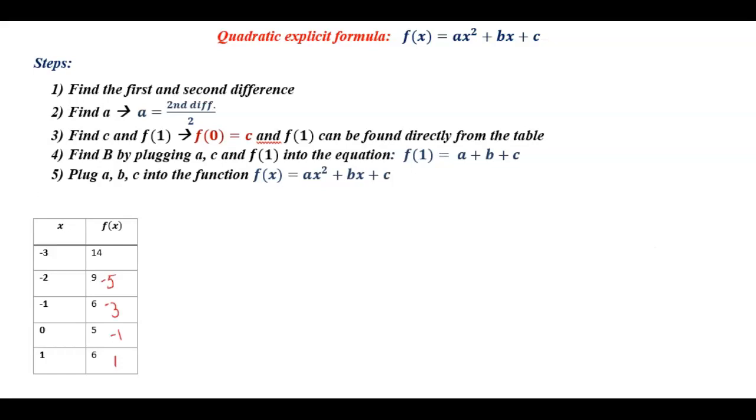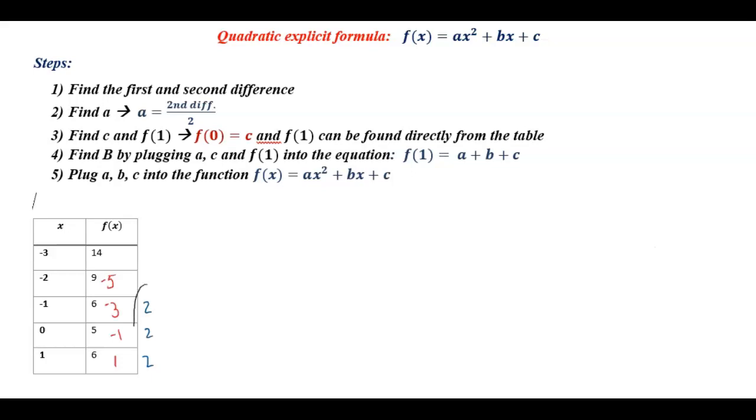So negative 5 minus 3 is 2. So negative 5, you add 2 to negative 5 to get negative 3, and negative 3 to get to negative 1. So again, you add another 2, and negative 1 to get to 1, you add another 2. So that means our second difference is constant.